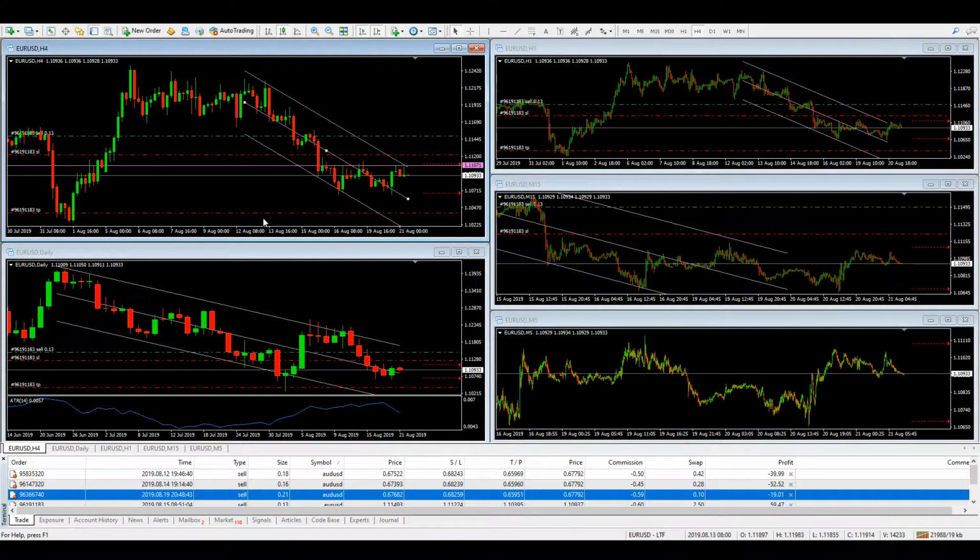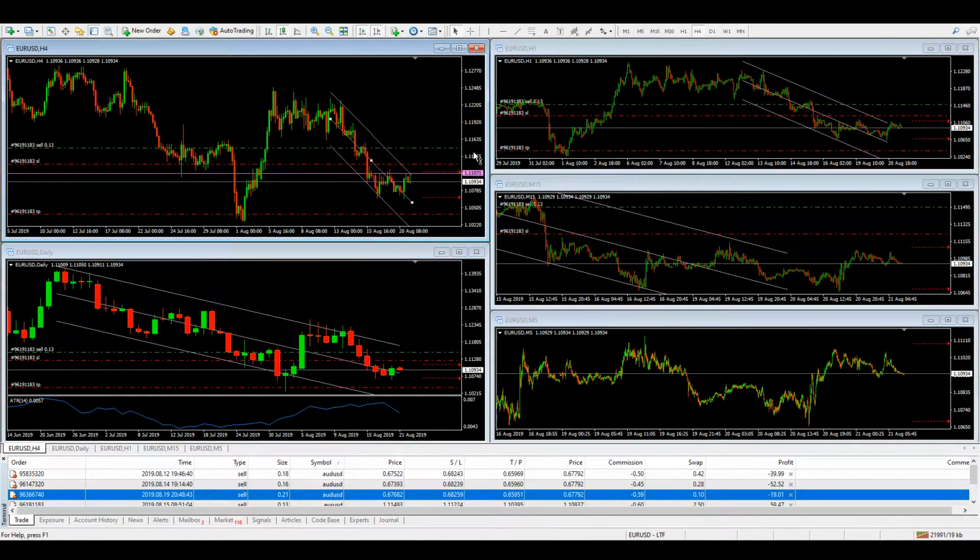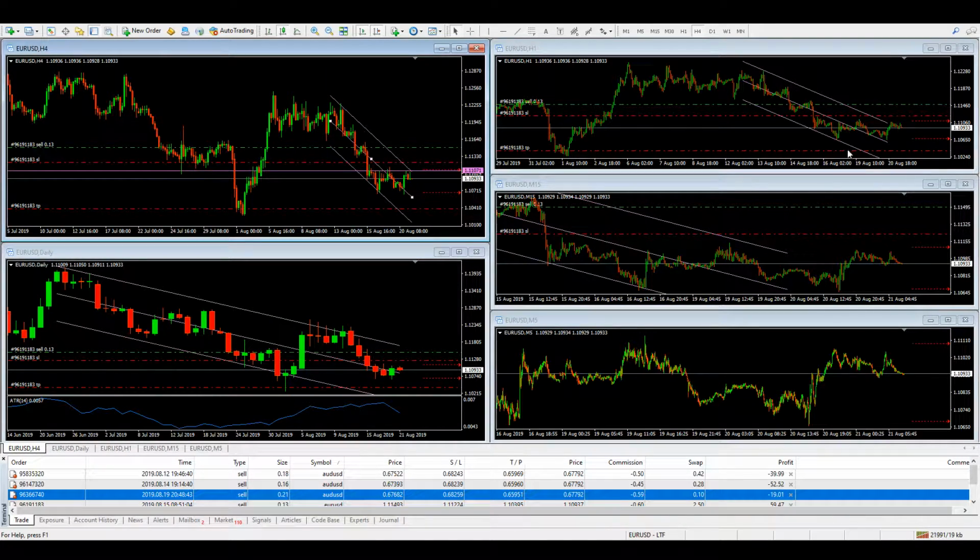So I mentioned in other videos, it's good having arbitrary take profits and stop losses to start with, but really the way that I prefer to take these trades is to let the price action determine when I get out. So I've got this in speculatively.